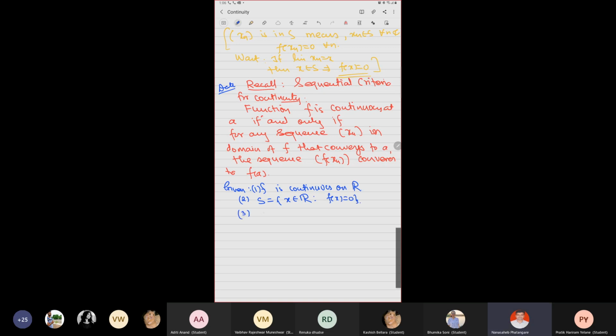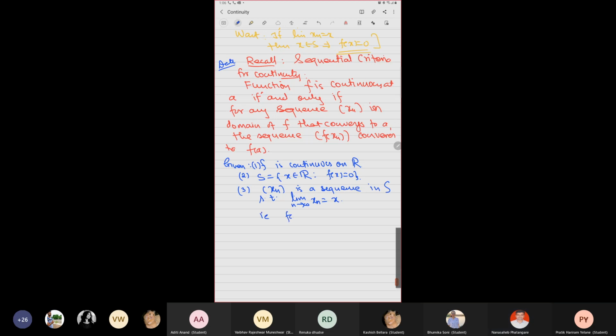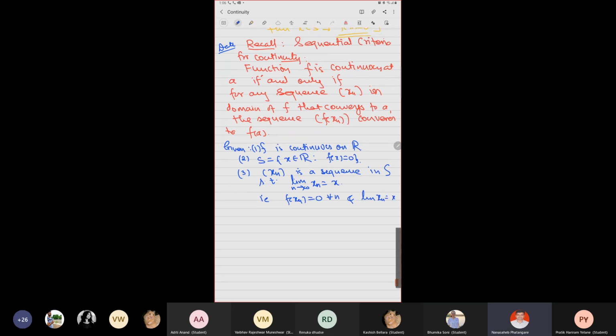Third, xn is a sequence in S such that the limit as n tends to infinity of xn is equal to x. So f of xn is 0 for all n and the limit of xn is x. This is the given data.